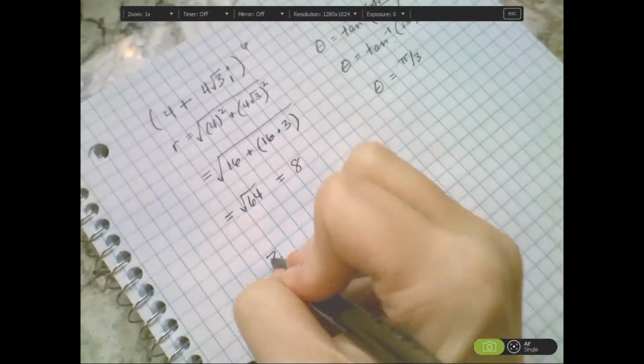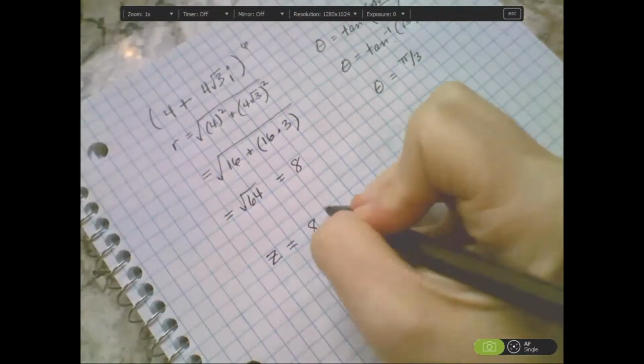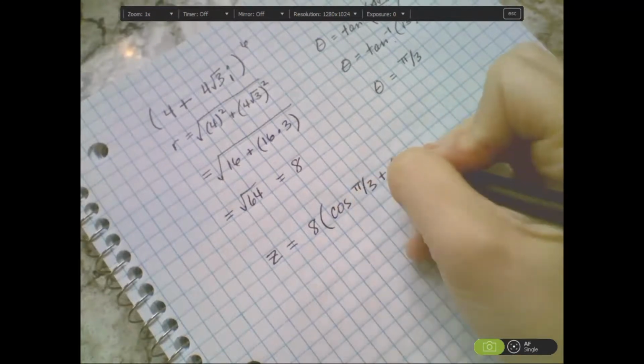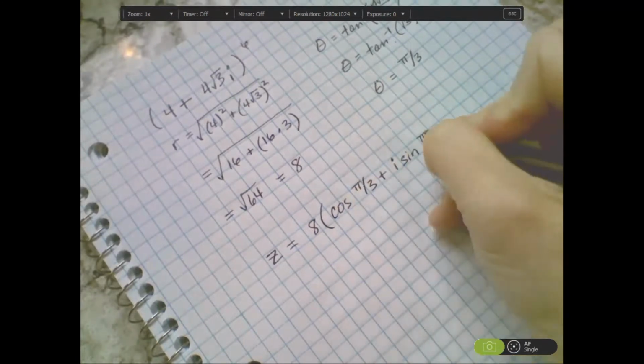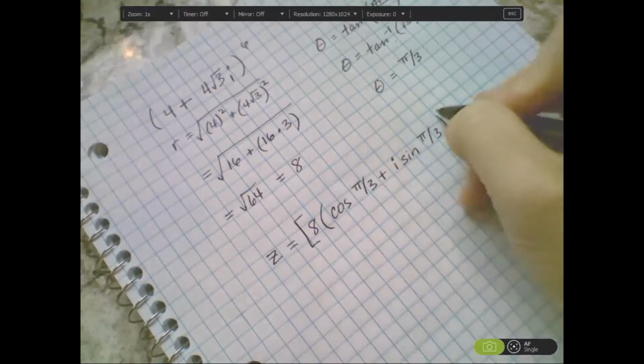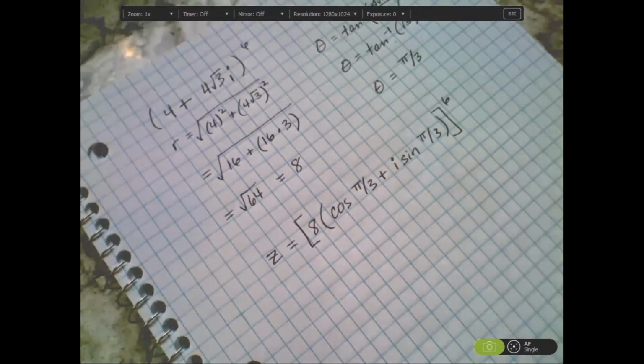So now I know that my polar form looks like this. And according to my original problem, I have to raise it to the 6th power.